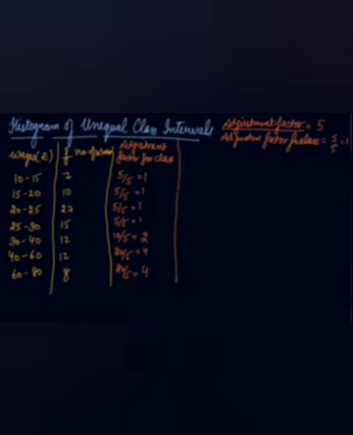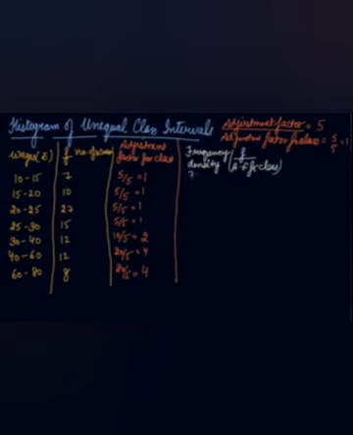Now we will find the frequency density. We will divide the frequency by the adjustment factor for the class. That is, 7 divided by 1 is 7. Then 10 divided by 1 is 10. 27 divided by 1 is 27. 15 divided by 1 is 15.